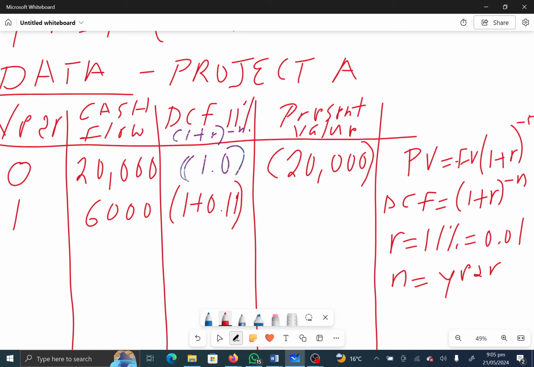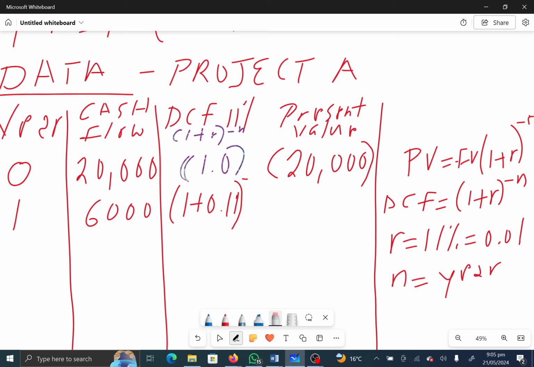Then our year is year 1, so we say to the power negative 1.